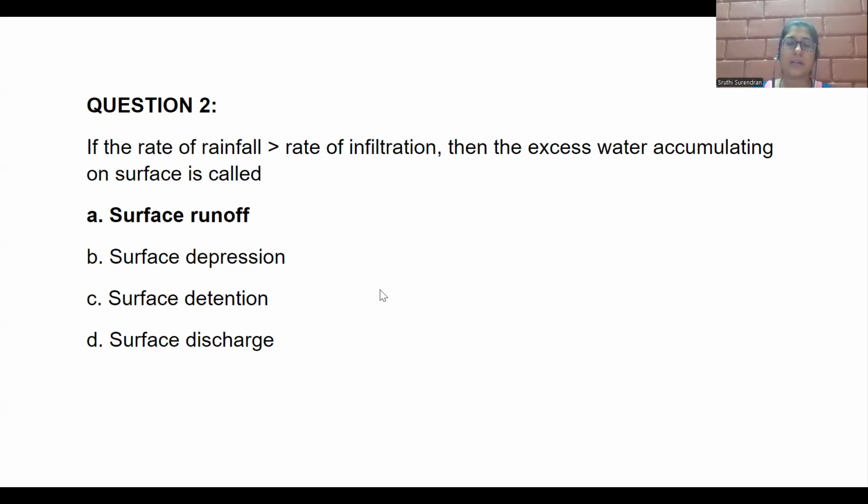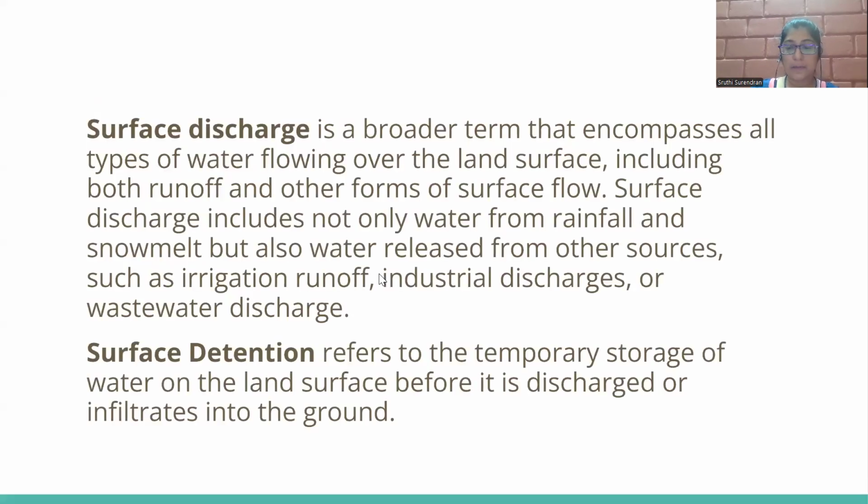There are different kinds of runoff, and we'll go into them later, but basically all this excess rainfall flowing over the surface of the land is called surface runoff. Now let's go a little deeper into the terms given in the solution. One of the terms is surface discharge. It can be confusing because the term discharge also depicts the flow of water.